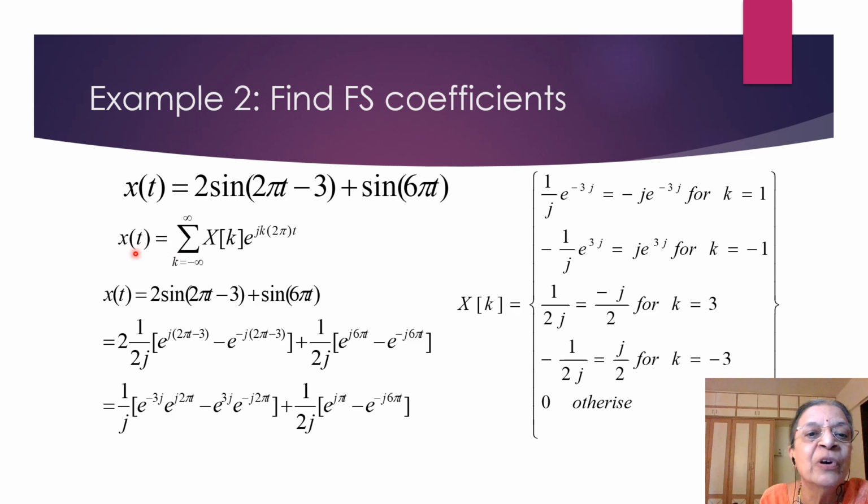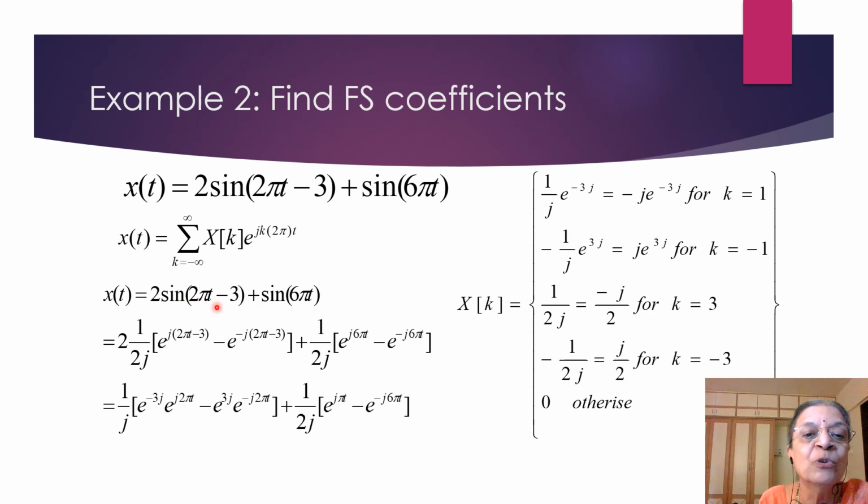Okay. So x(t) is equal to summation k equal to minus infinity to infinity x of k e raised to j k 2 pi t. This is the generalized representation in terms of exponential functions. Now each of these sine functions, I will write as an exponential term.